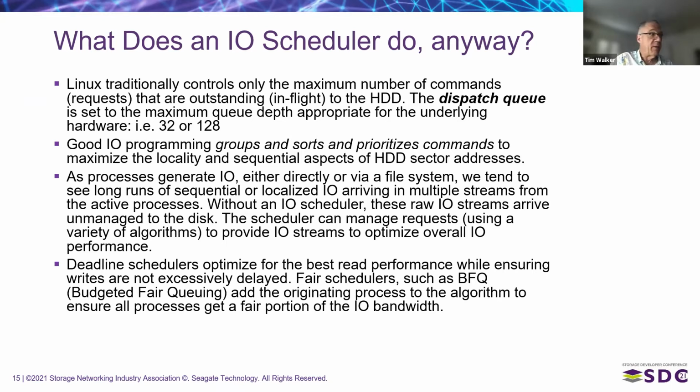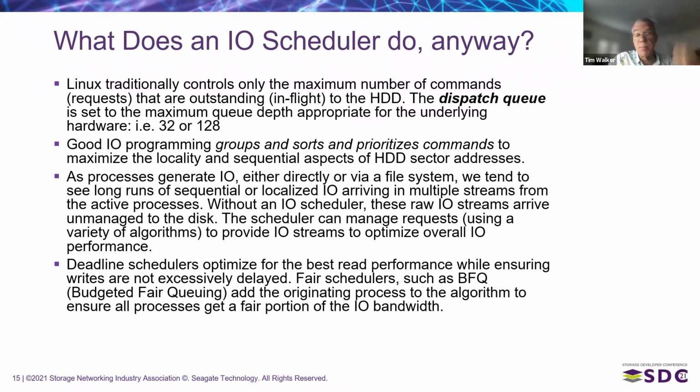When we have multiple processes in a system all generating IO streams, processes tend to generate localized IO. A process is accessing a set of files, and those files are typically contiguously located on the disk, so a lot of the IO has a lot of locality.